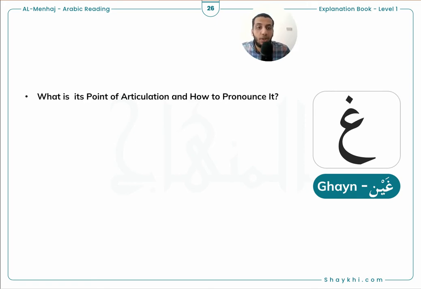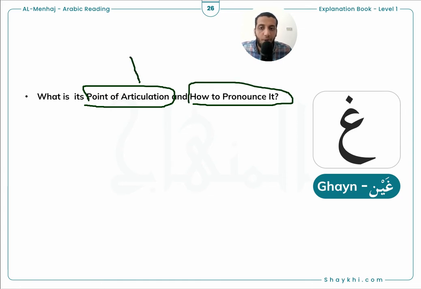What is the point of articulation and how to pronounce it? The point of articulation is the organ that is used to pronounce this letter. How to pronounce it is how to use the organ to pronounce this letter.